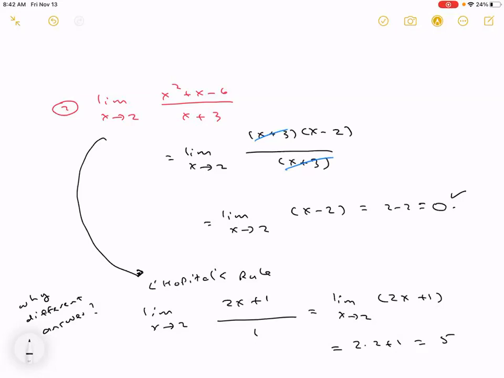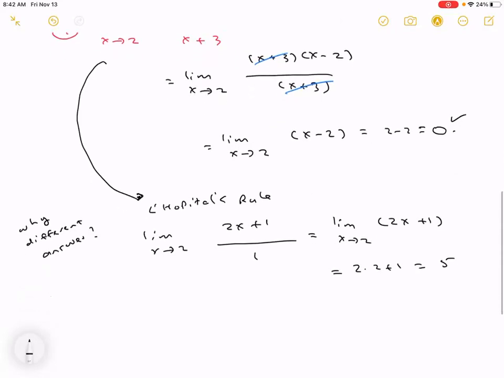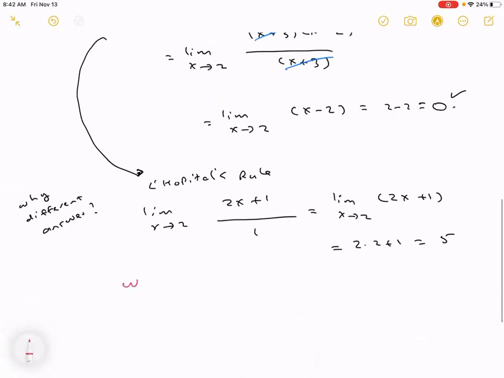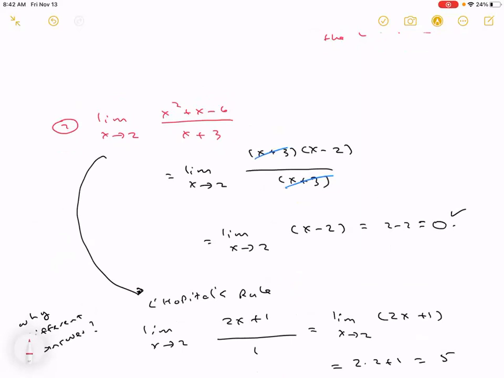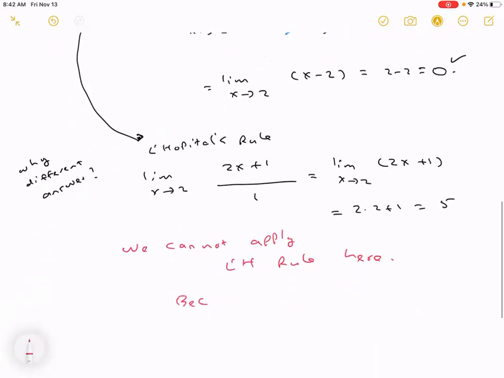Exactly. Yes, Elizabeth, you're right. You guys are smart. Yes, this is not the problem, so we cannot apply L'Hopital's rule here, because we don't have 0 over 0 or infinity over infinity. The limit as x approaches 2 of x squared plus x minus 6 divided by x plus 3 is not 0 over 0, not an indeterminate form.